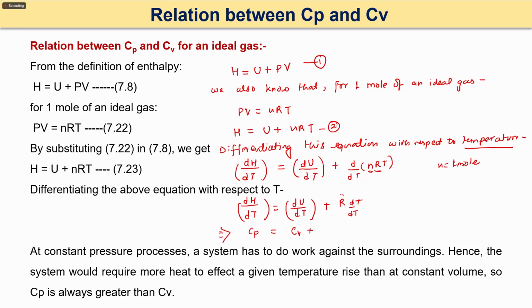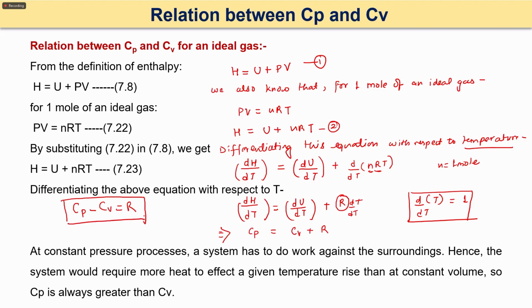So we are left with R here only. If we arrange it, we will get Cp minus Cv equal to R. So this is the relationship between the molar heat capacity at constant volume and constant pressure, that is Cp and Cv.